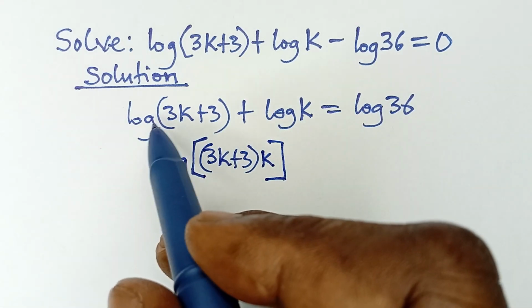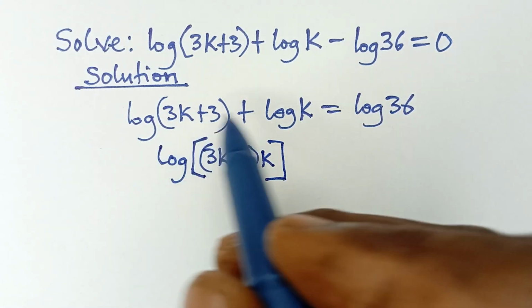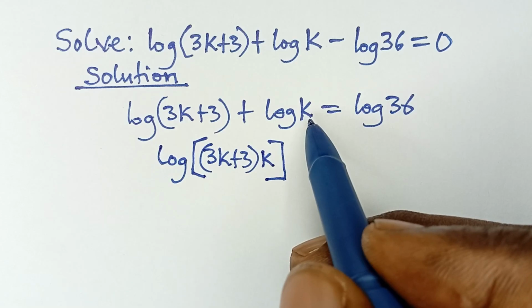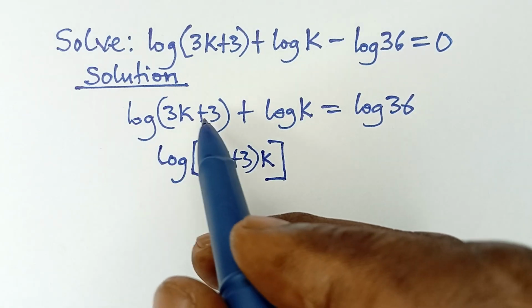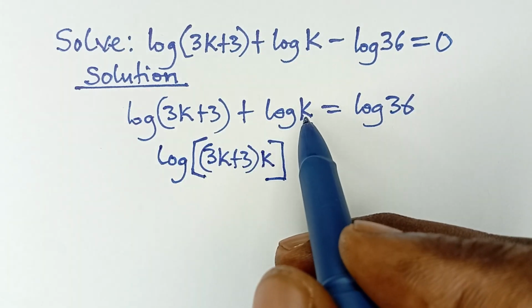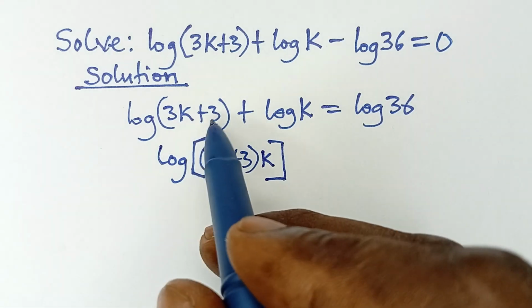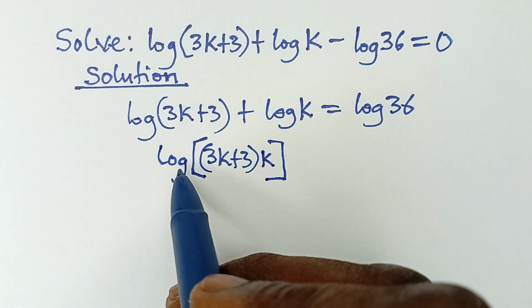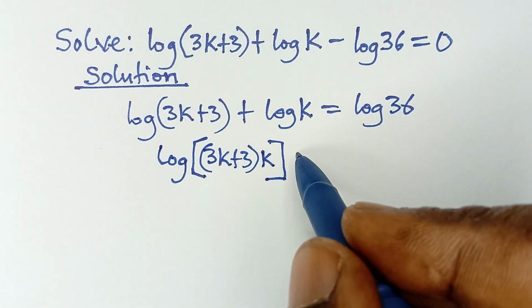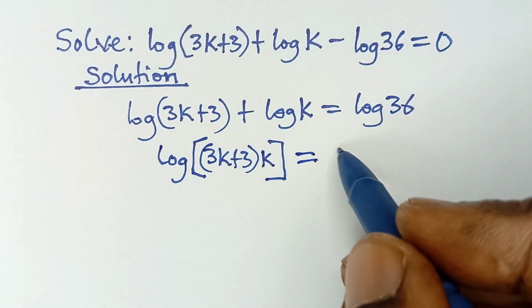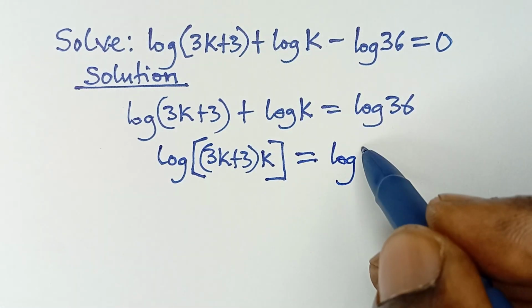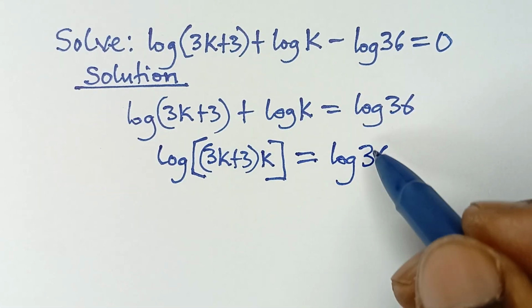That means when you have the logarithm of one number added to the logarithm of another number, it simply means the logarithm of the two numbers multiplied together. So you multiply this one by k and then you put the log outside the bracket, and that is equal to log 36 that we have on the right hand side.